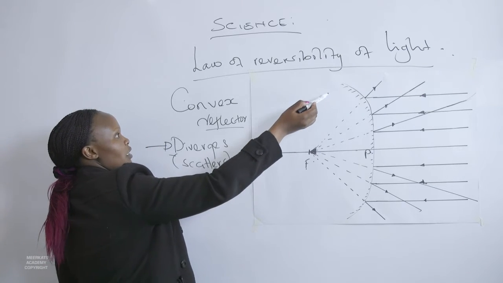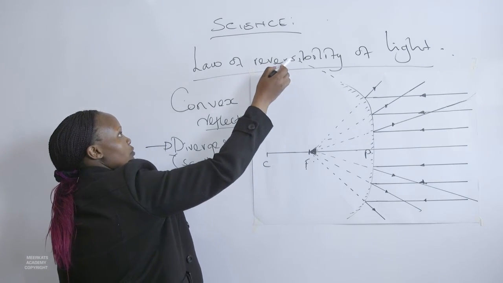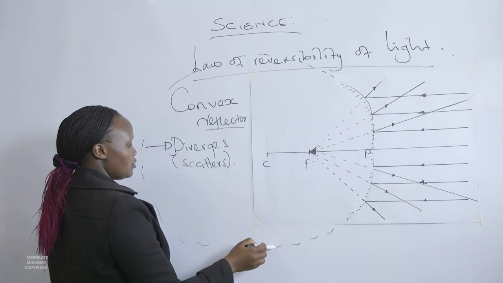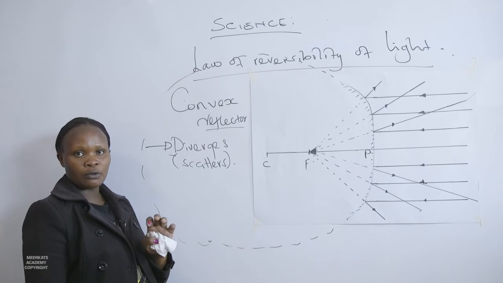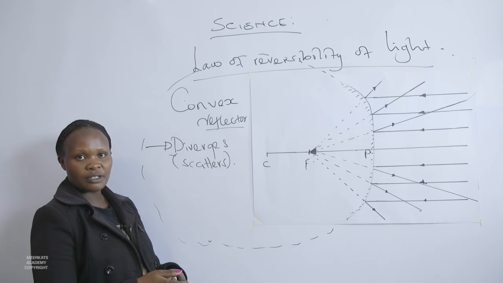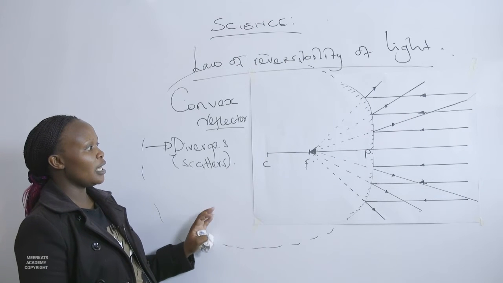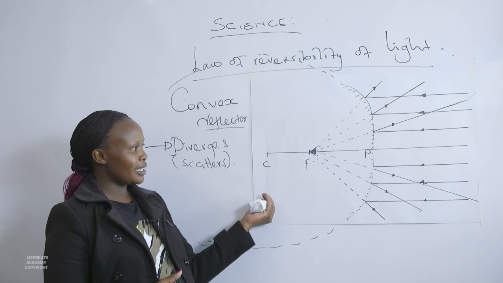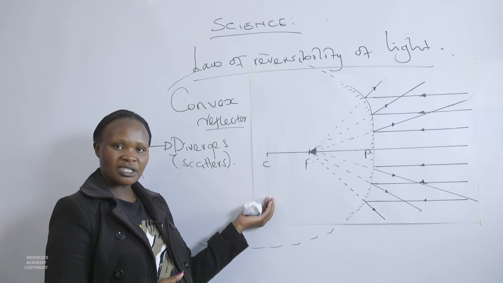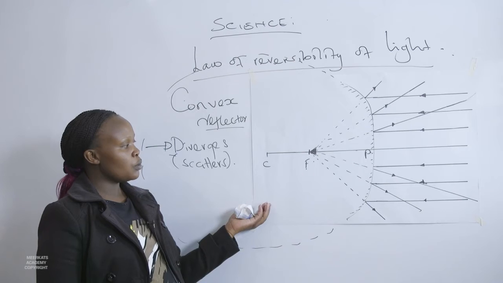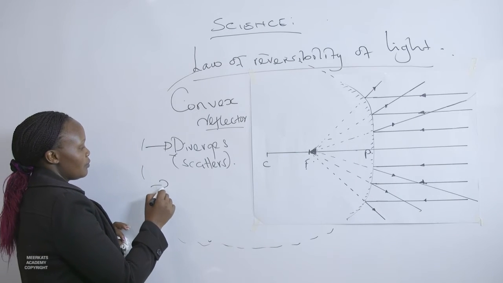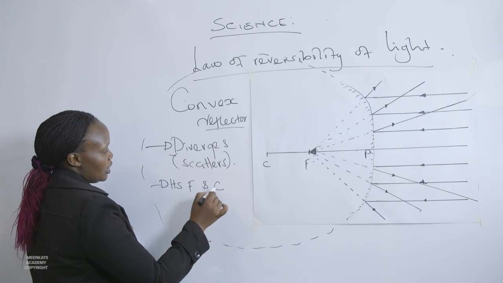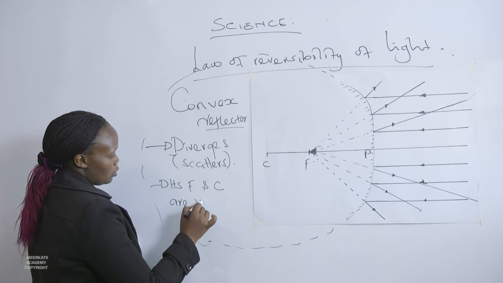Now, remember this reflecting surface is part of a sphere. And if we trace the sphere of which the reflecting surface is part, you find that these points are inside, on the opposite side of the reflecting surface, which means that F and C are virtual.